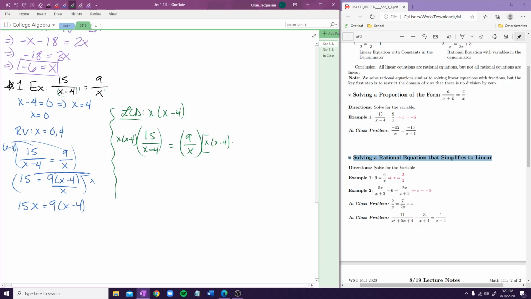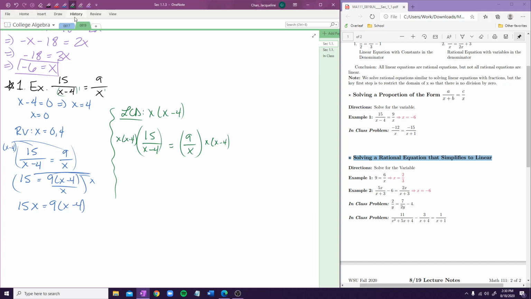It's not necessary because they're multiplying, so I know they're one term. Just make sure you put parentheses around the x minus 4, because this is not the same as x times x minus 4. Not the same.